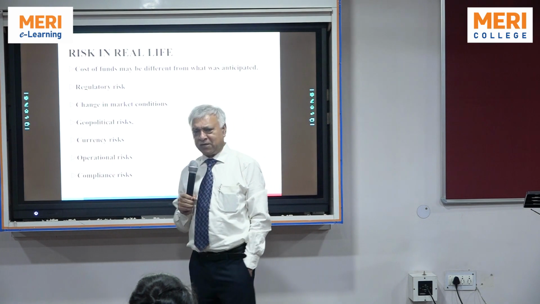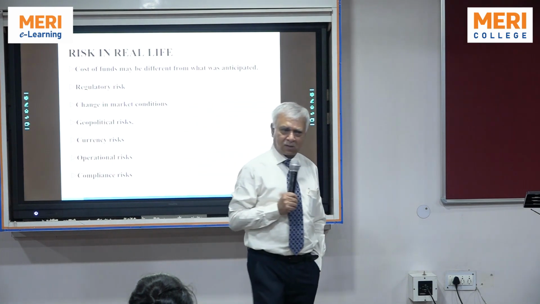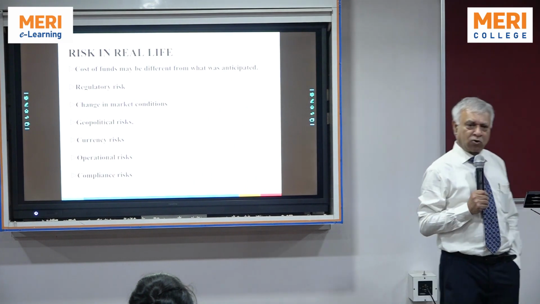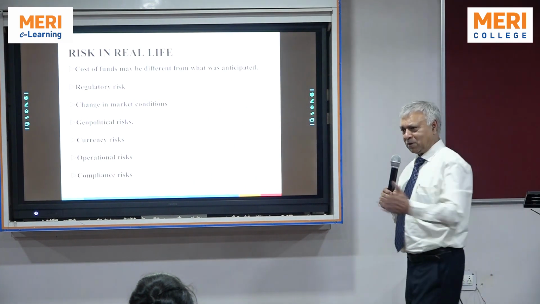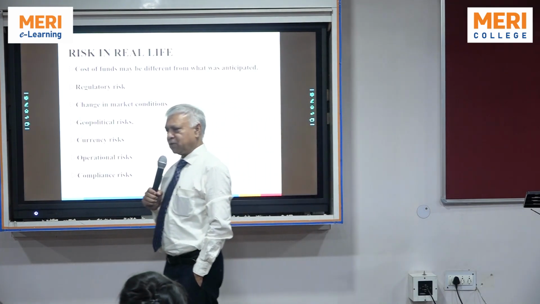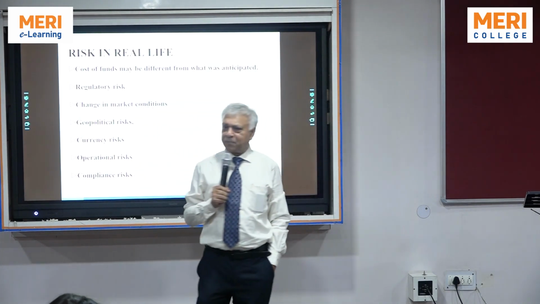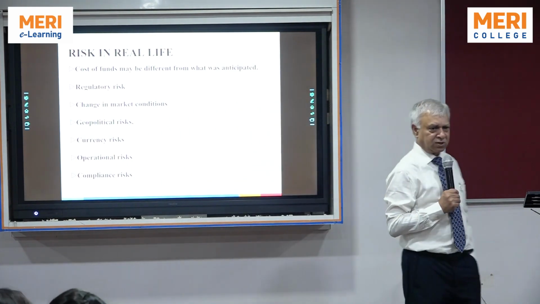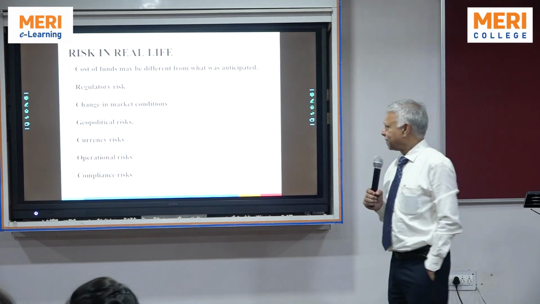One global example is RJR Nabisco. Look at what you contract and what you actually got, and recent cases of default like Dewan Housing, for example. You thought you'll get 9%, ultimately end up getting virtually zero. Your paper became worthless.